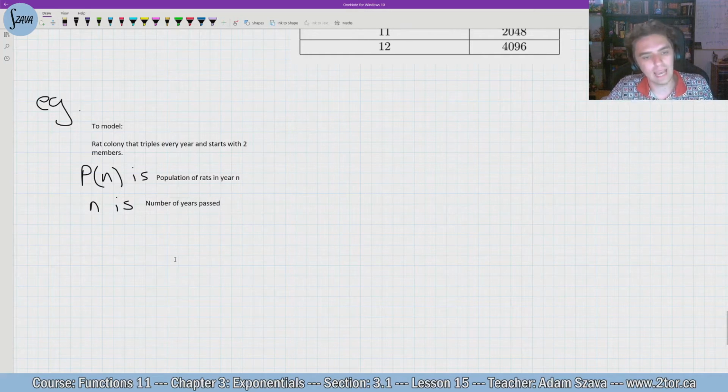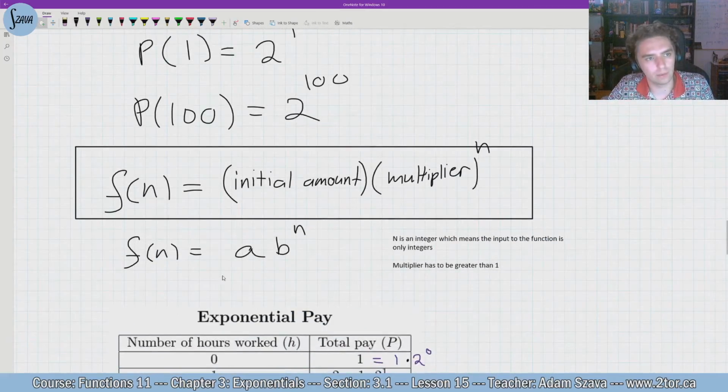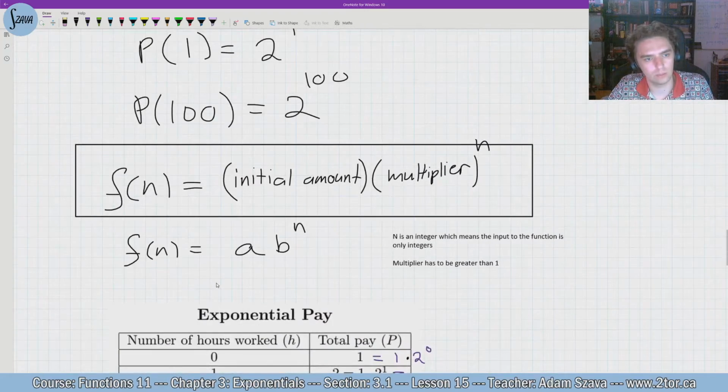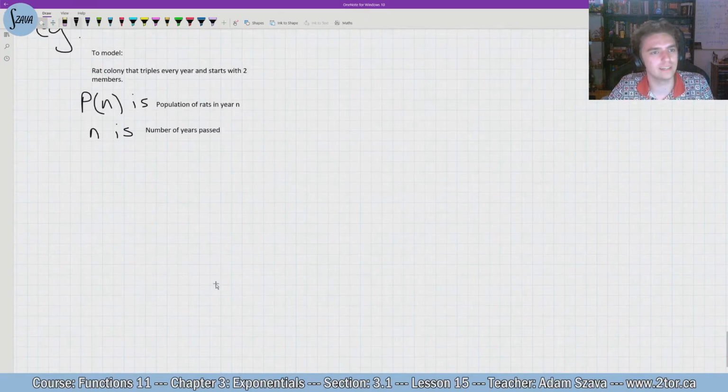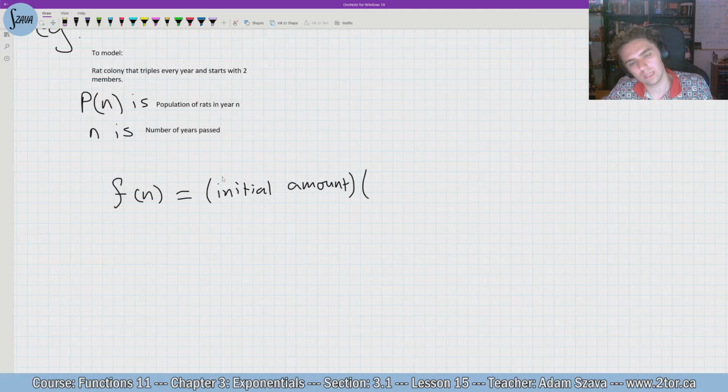And again, just try to remember the formula that I mentioned to you right up here. Sometimes OneNote jumps around on me. I'll just rewrite it because OneNote's being annoying. So f of n will always be the initial amount times the multiplier.